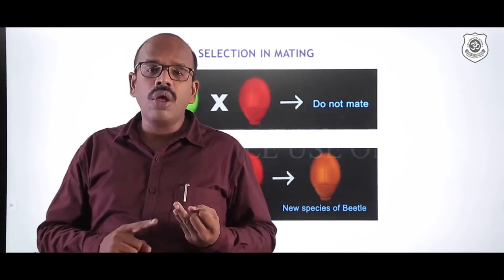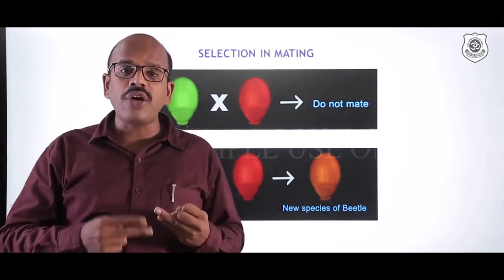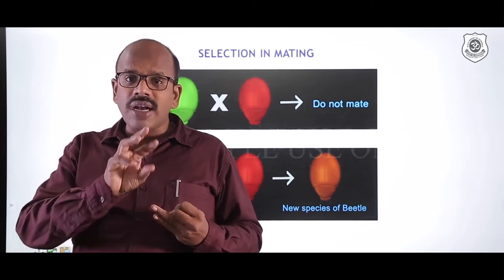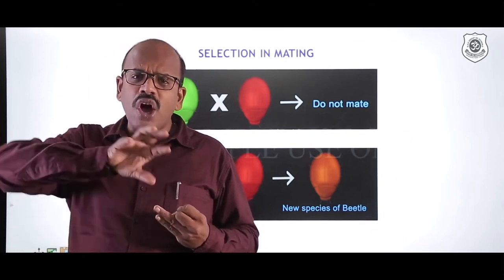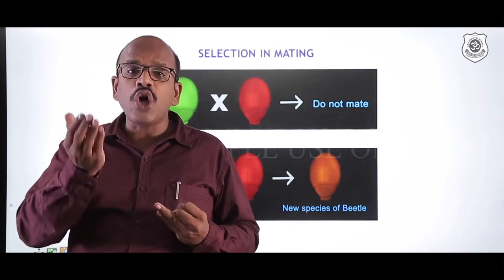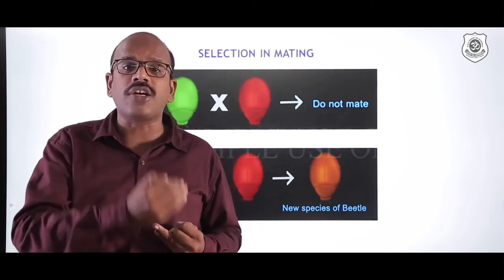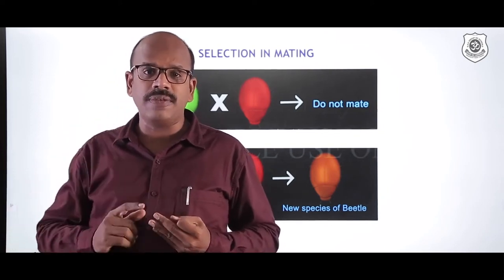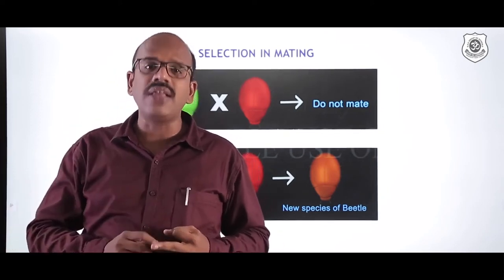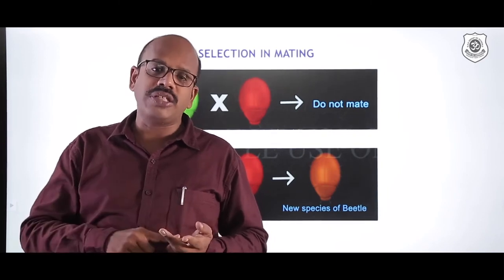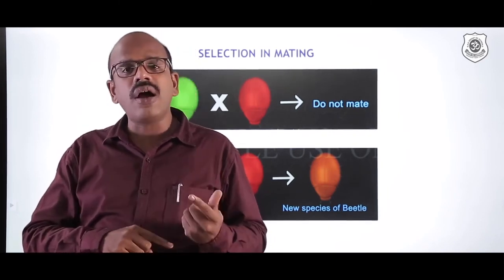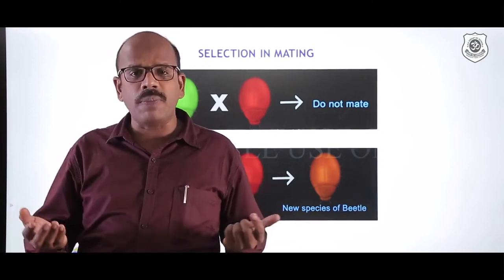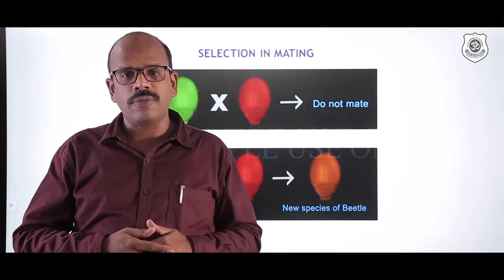Number two, when this variation takes place continuously and the organism that has undergone a lot of variation is not able to mate with its own parental population, that is, they are reproductively isolated, then you can say they are new species. And the third is, morphologically, they have become completely different from the parental population.